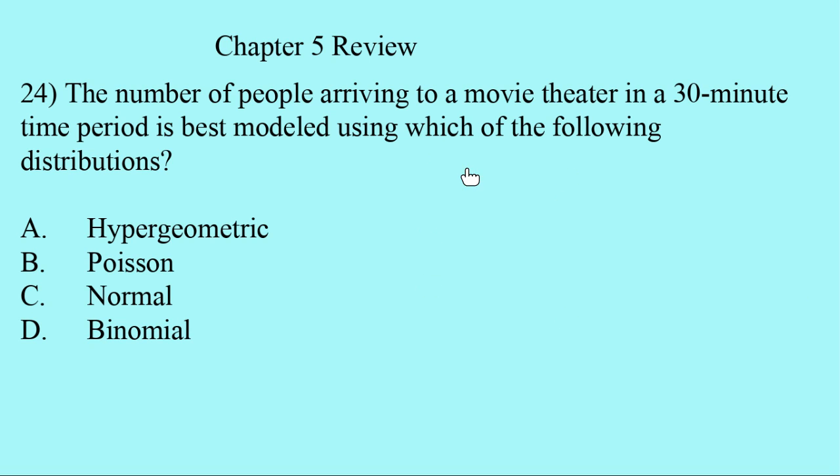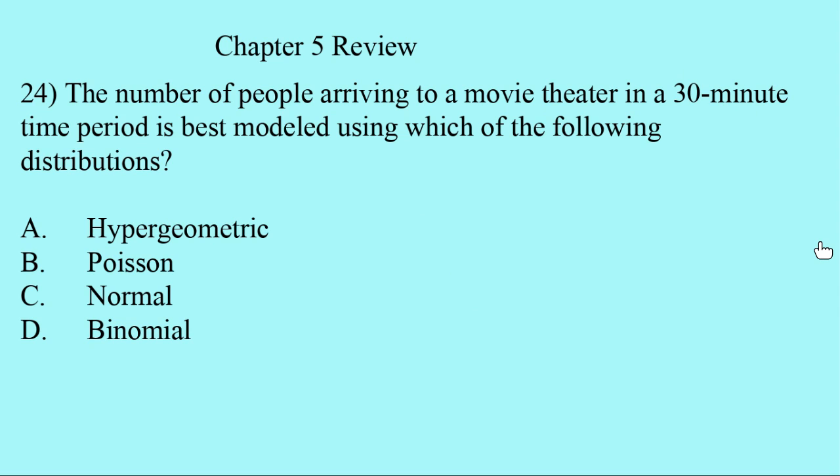Think about the clues in the question. So which distribution would be the better one to apply to this data? Look at this part. They arrive in a 30-minute time period.